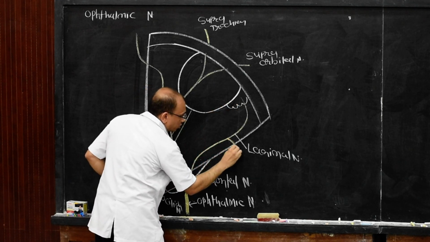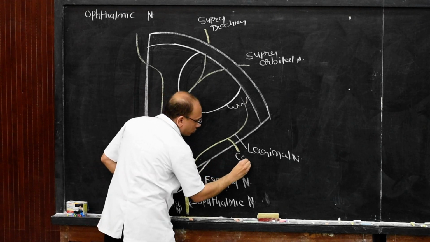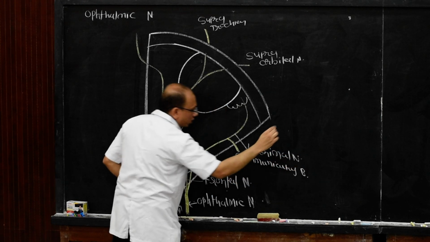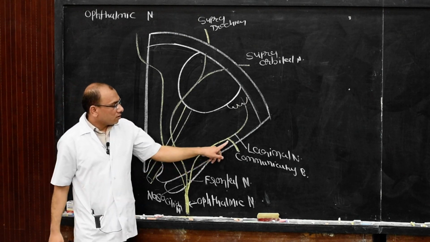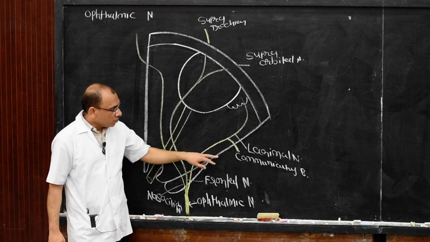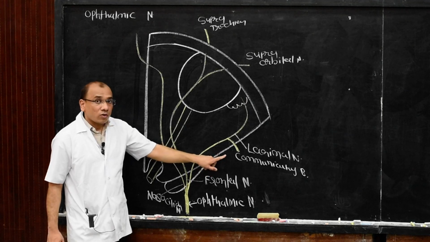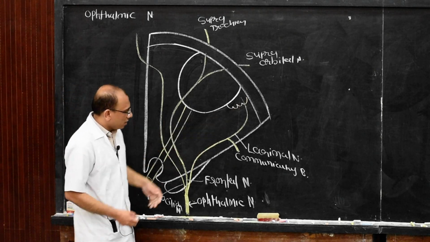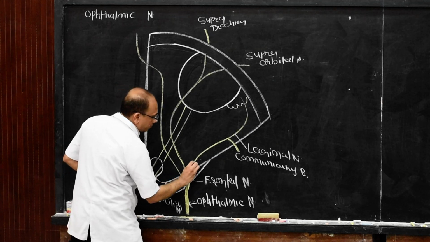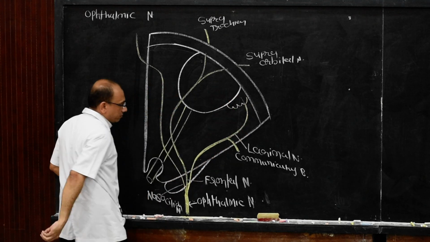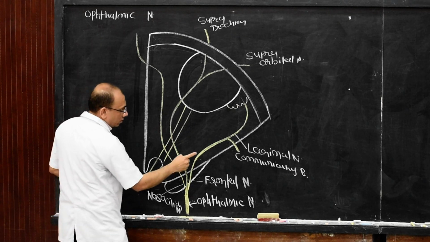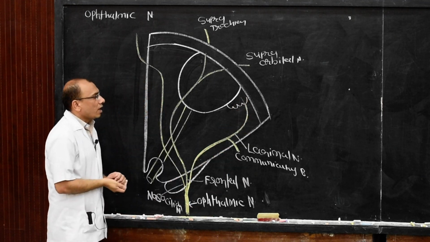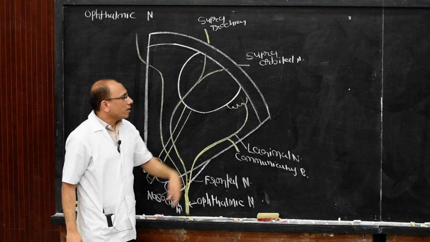It gives a communicating branch, which communicates with this zygomatic nerve, and this communicating branch brings the postganglionic parasympathetic secretomotor fibers from the pterygopalatine ganglion and supplies the lacrimal gland. So this one is our lacrimal nerve, and it also supplies the conjunctiva and the eyelid on the lateral side of the upper and lower eyelid.